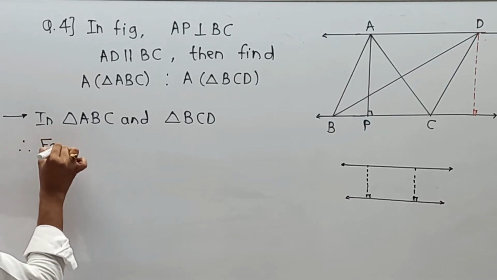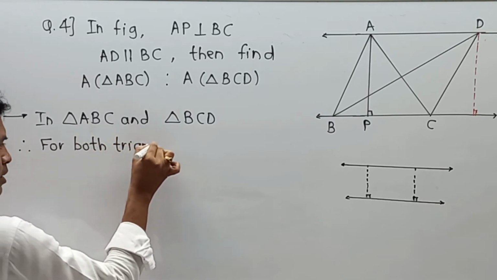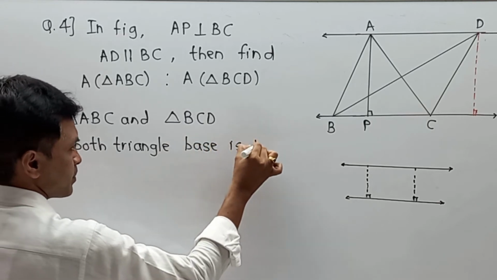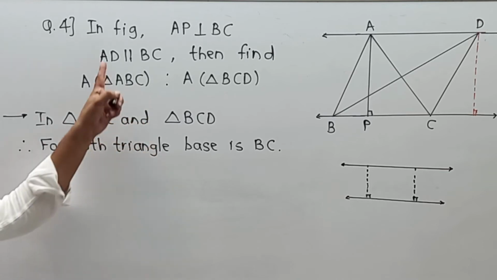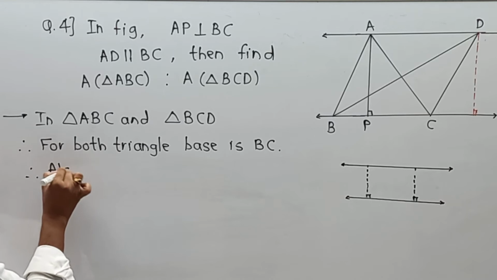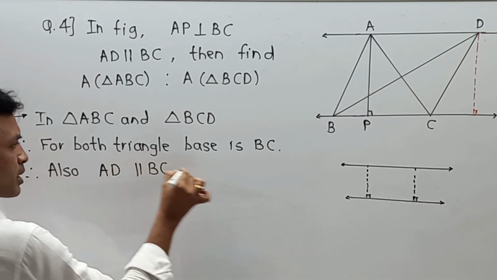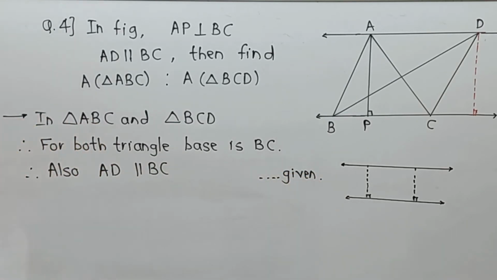Therefore, for both triangles, the base is BC. Also, they have given AD parallel to BC. They have given us this, so I am writing it as given. Therefore, the perpendicular height between these two lines must remain constant.